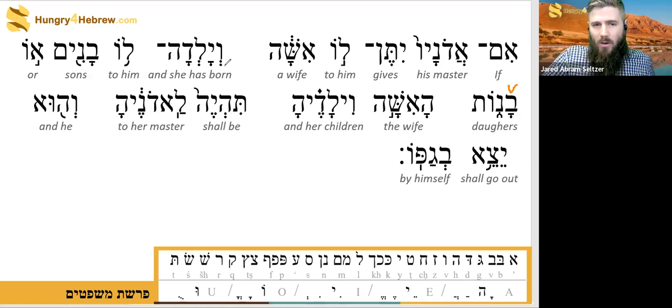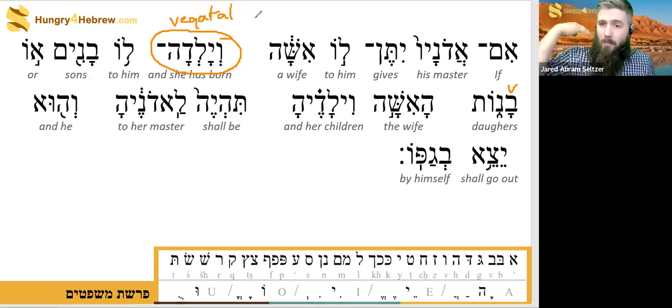So I would actually argue that this should be translated as a hypothetical. If his master gives him a wife, and if she should bear to him banim, so in that case, I would still say, yeah, this is a vekatal. It is changing the case from past tense, she bore, to something that is incompleted.